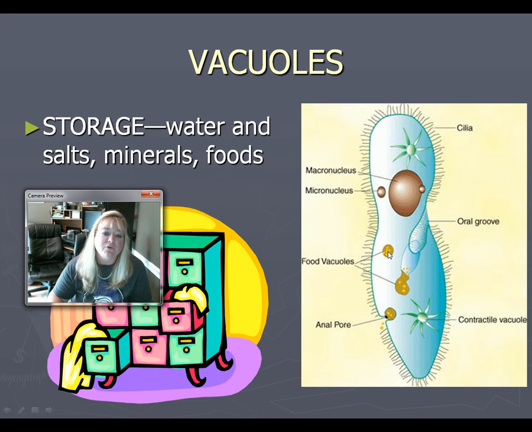And those food vacuoles are storing, actually sucking up food that's coming in from this oral groove. So that's a good example of a food vacuole. And then go back to lysosomes, and the lysosomes will come and break that food vacuole down and help with the enzymes of breaking down that food. And so that's kind of how that works. And we'll come back to this when we talk about plants also.